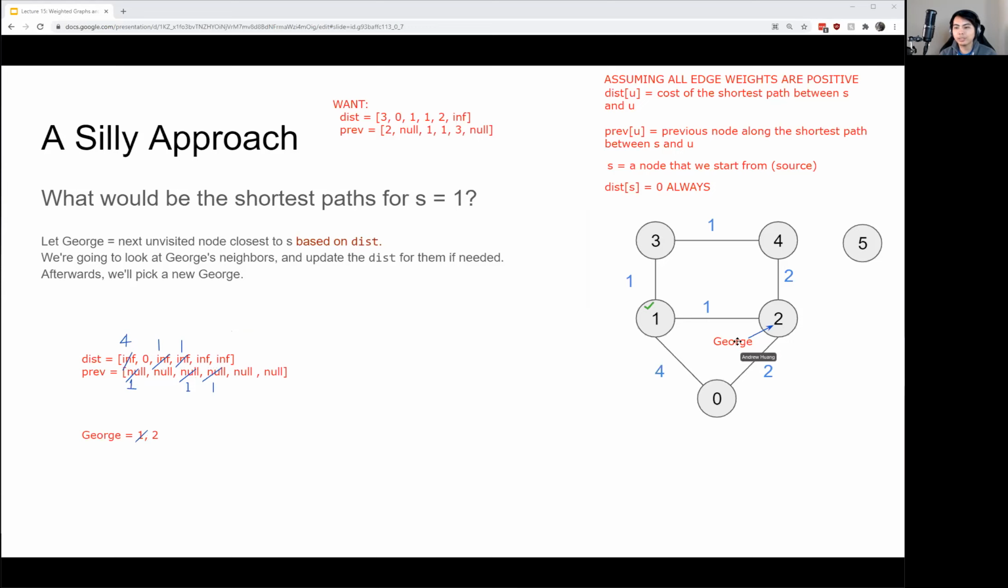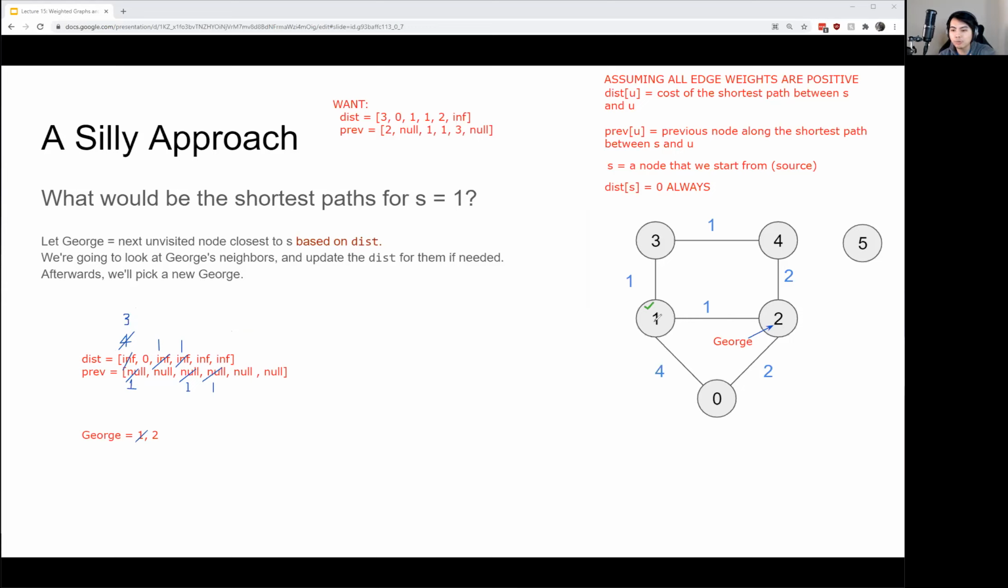If we look at this carefully, the cost to get to 0 is cheaper through 2 than it is to go through 1 directly, right? If we're going to update all of George's neighbors, that's what we're doing now. We're going to update it so that node 0 now has a cost of 3 instead of 4, because it was cheaper to go from 1 to 2 to 0 than it was to go from 1 to 0.